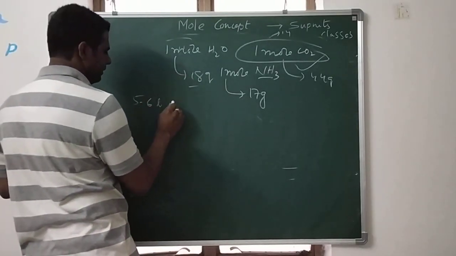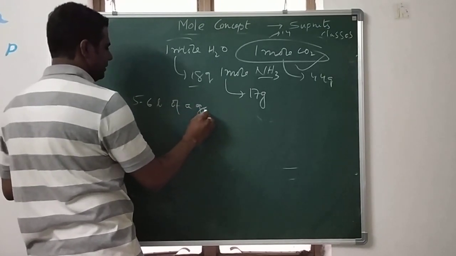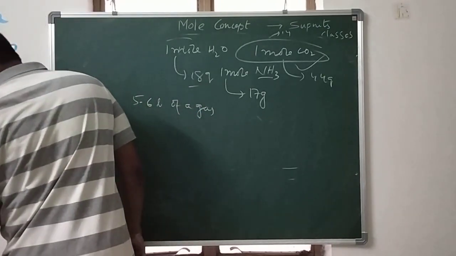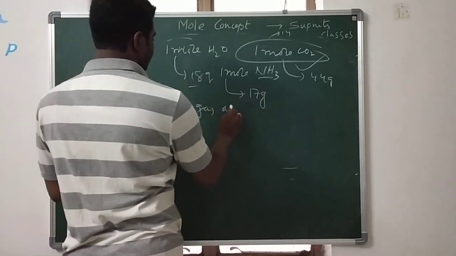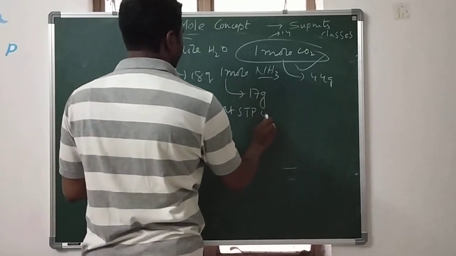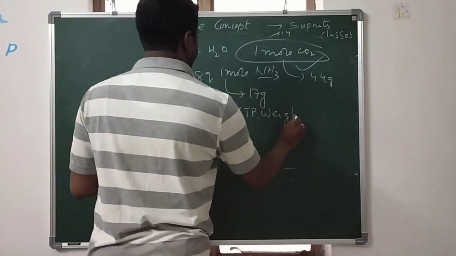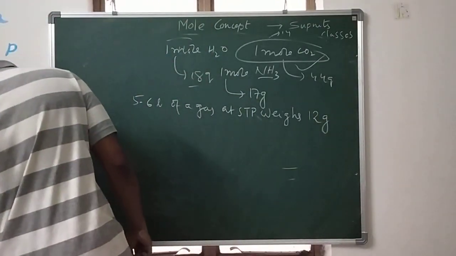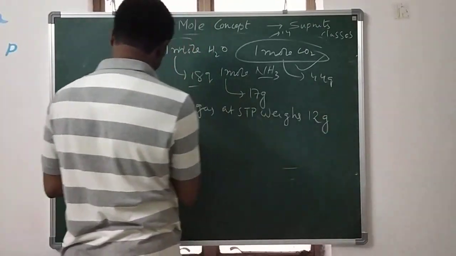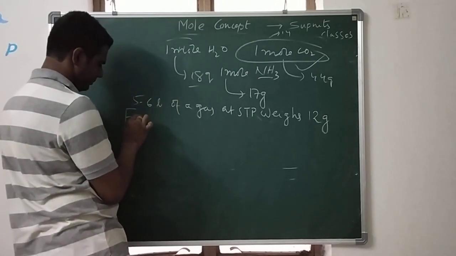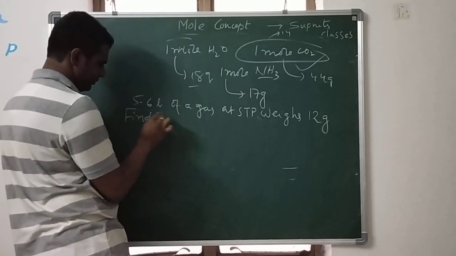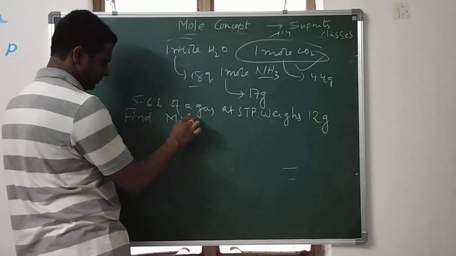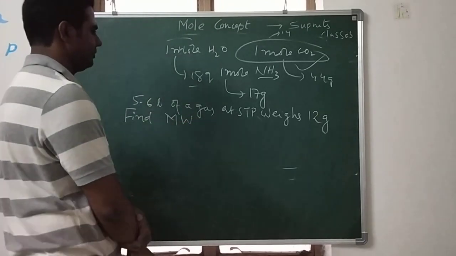5.6 liter of a gas at STP weighs 12 gram. Find molecular weight.